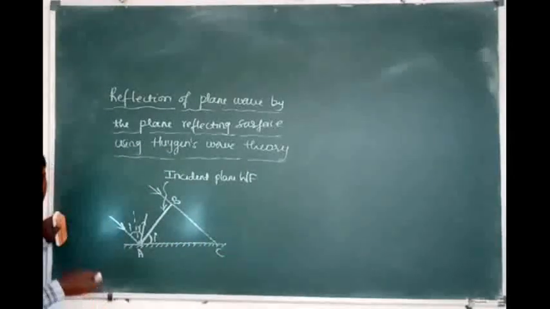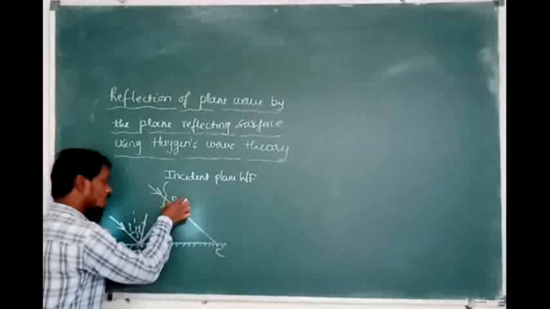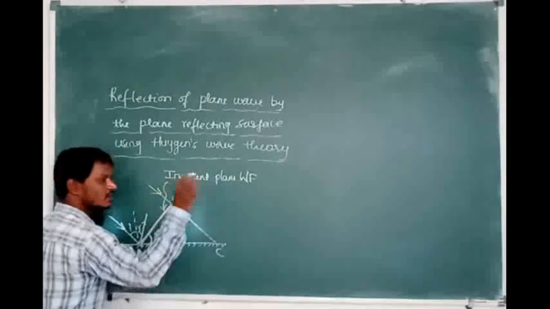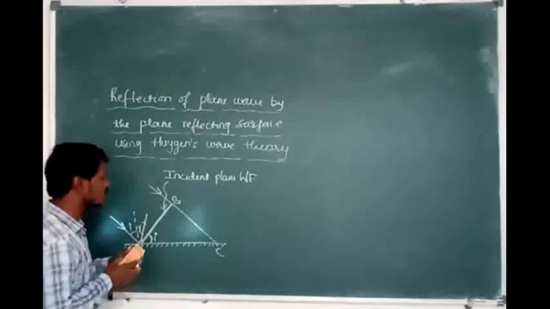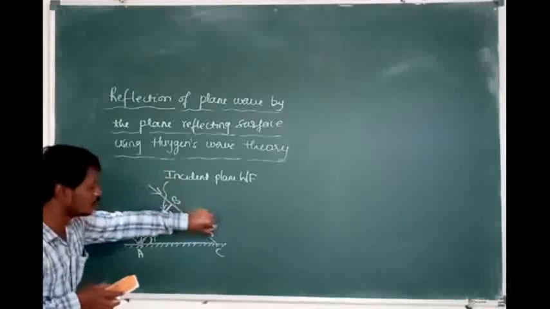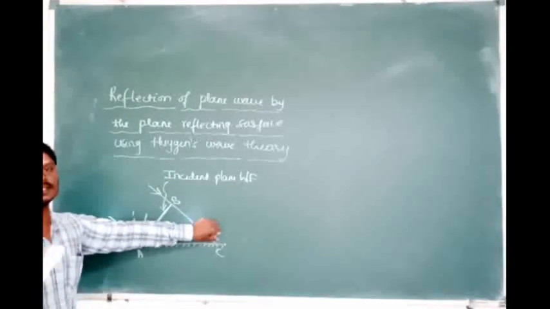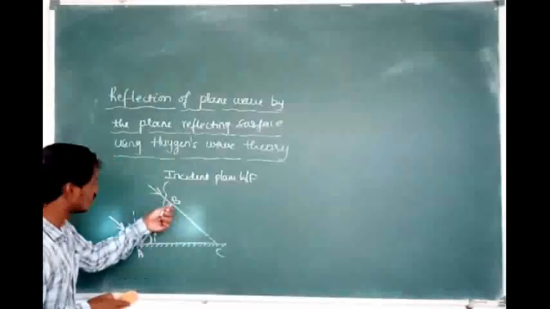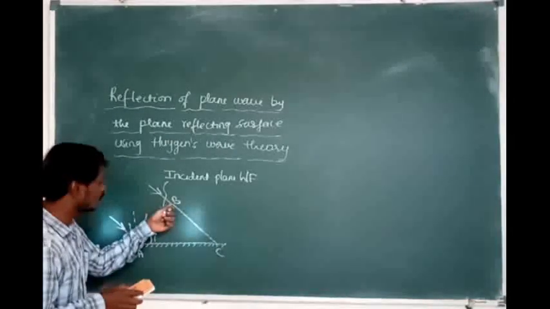The time taken by the secondary wavelet at B to reach the point C on the mirror is tau. Then what is the distance traveled by the secondary wavelet from B to C?